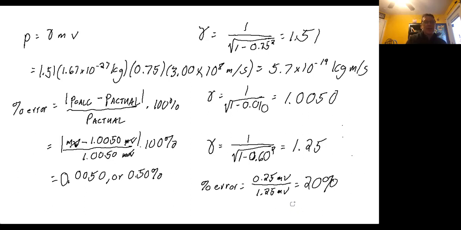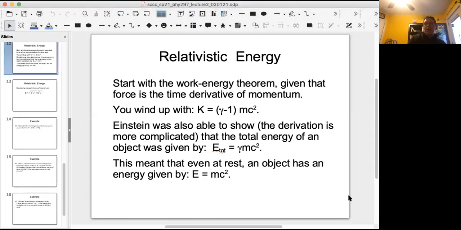So now we've gone from relativistic momentum to relativistic energy. And Einstein did another thought experiment. This one involved a box that emits a photon on one side and then reabsorbs it on the other side.